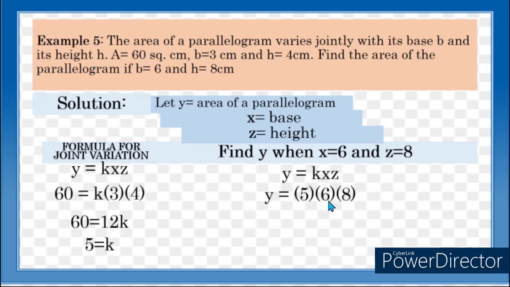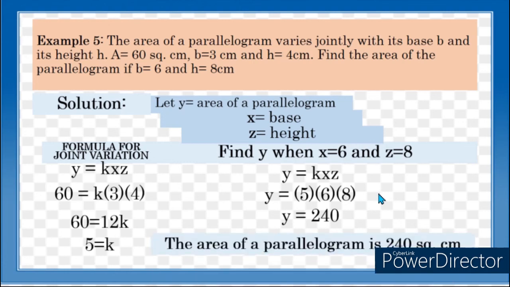So, 5 times 6 is equal to 30, and 30 times 8 is equal to 240. So, y here is equal to 240. Therefore, the area of a parallelogram is 240 square centimeter.